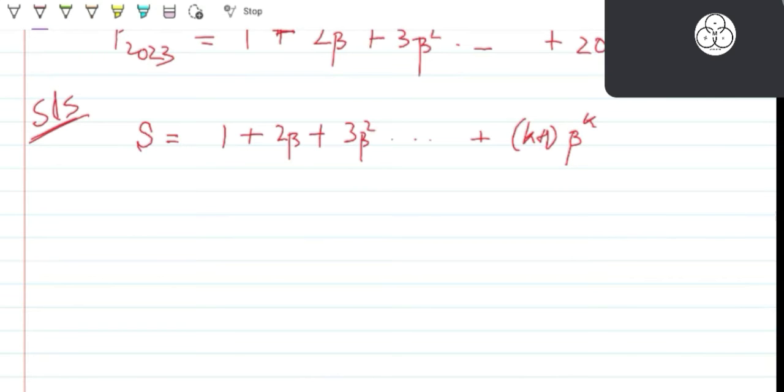What they will do is multiply it with beta.